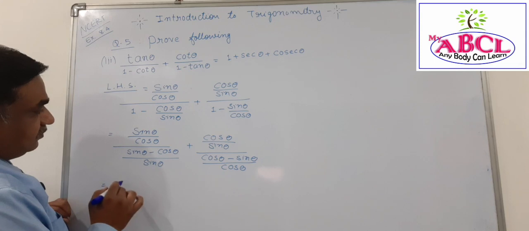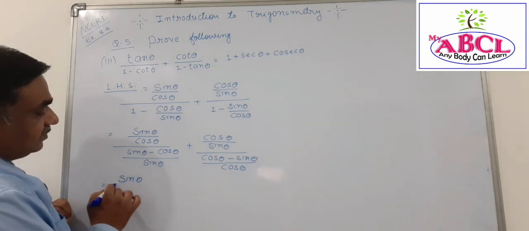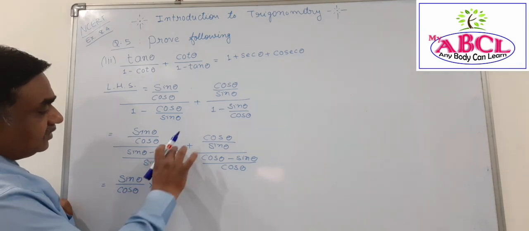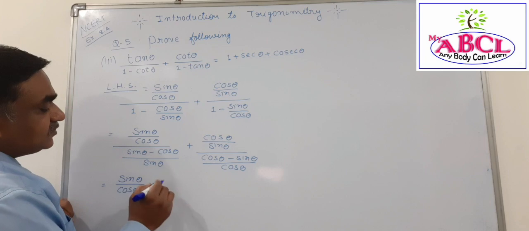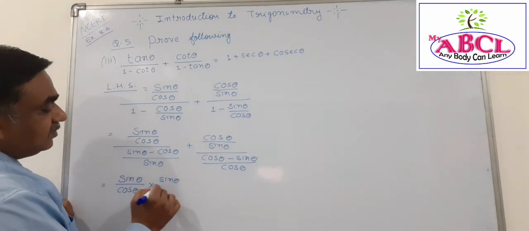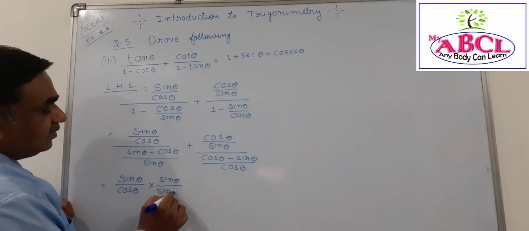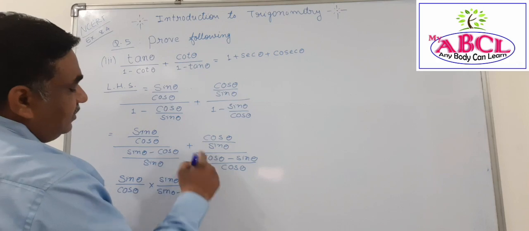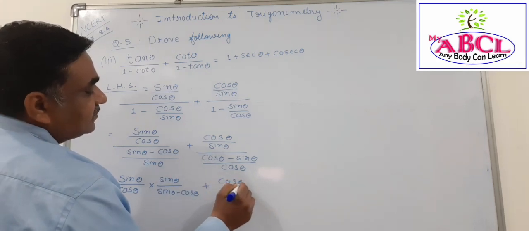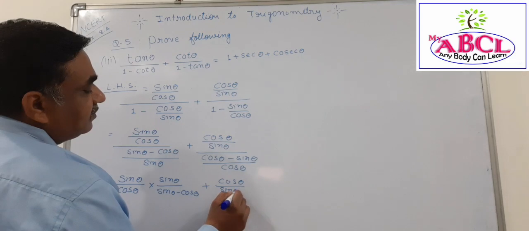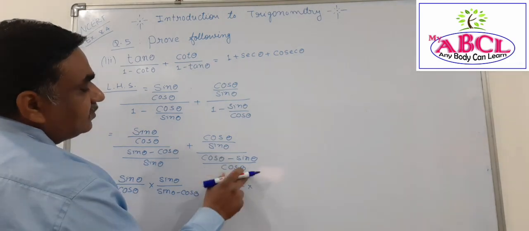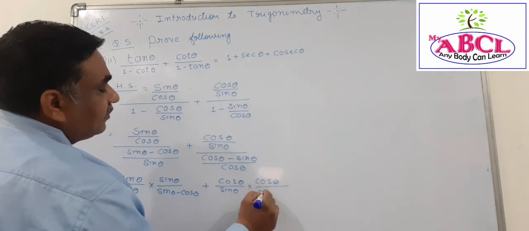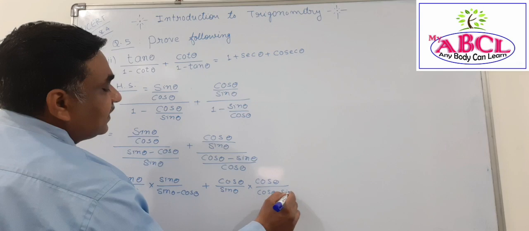So sine theta upon cos theta multiplied with the reciprocal, so it will change their positions: sine theta upon sine theta minus cos theta, plus the numerator as it is, cos theta upon sine theta, multiplied with the reciprocal, cos theta upon cos theta minus sine theta.